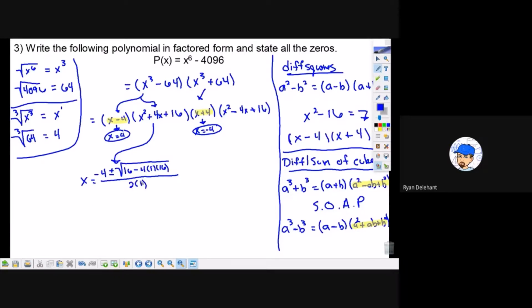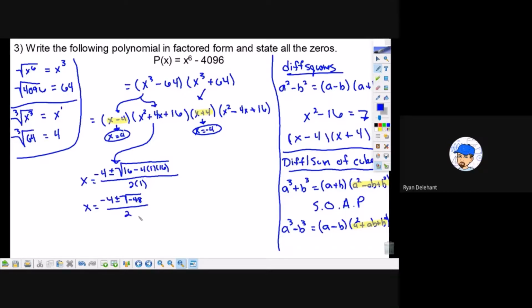So now we just need to simplify. 16 minus 4 times 16, so that's going to be negative. And 3 times 16 is 48. So we get -4 plus or minus the square root of -48 over 2.